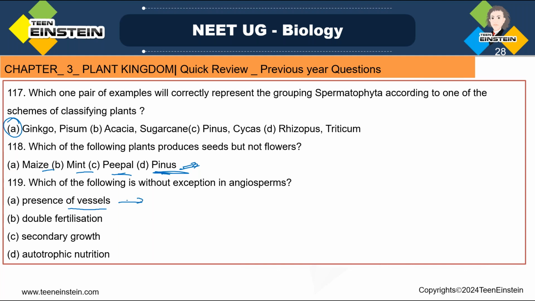Secondary growth is absent in some angiosperms, so exceptions are there too. Angiosperms are autotrophic in nutrition, but some heterotrophic plants are also there in angiosperms, so exceptions exist there also.